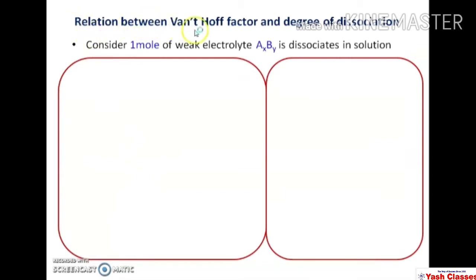Now the relation between Van't Hoff factor and degree of dissociation. Now consider 1 mole of weak electrolyte AxBy. It is added in a suitable solvent, and part of this electrolyte undergoes dissociation in the solution.